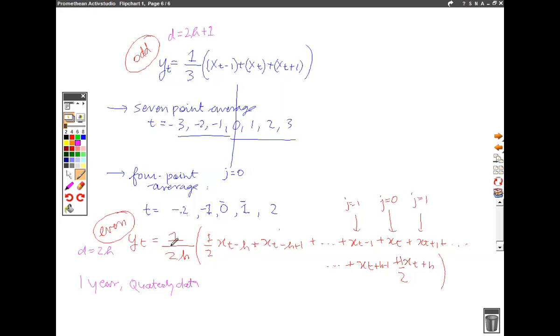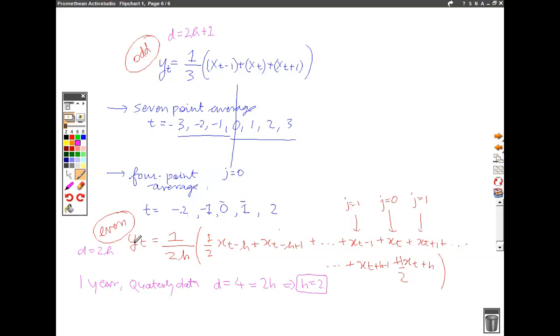So when I'm looking at the quarterly data, I know that the times I'm observing the data is 4. So in that way, if I equate this to 2H, I get my value for H is 2, right? And then you can just substitute these values here and you will get what average you have to look at for each moving average that you want to figure out.